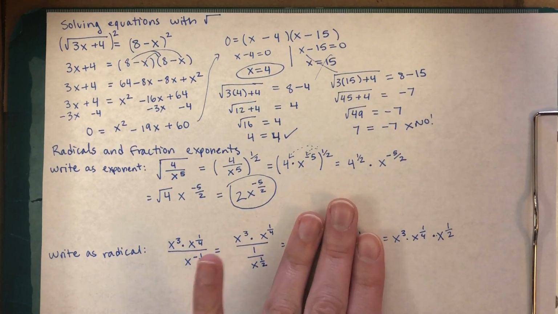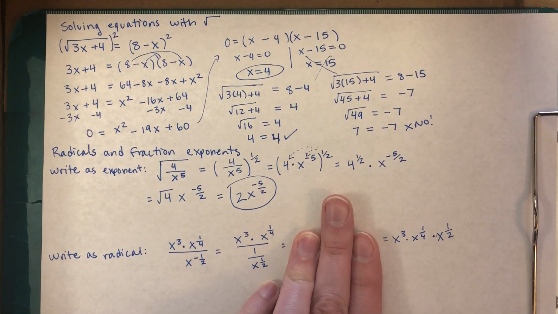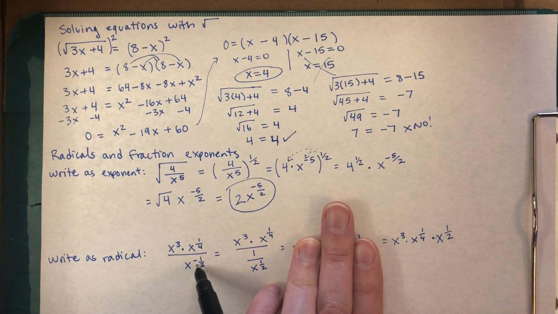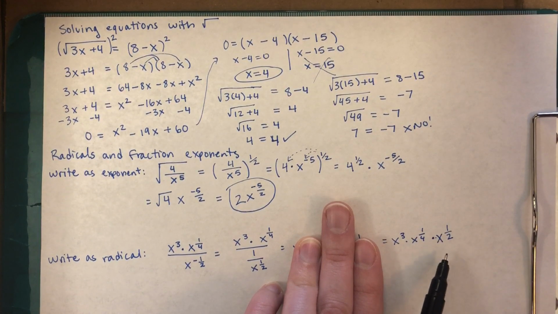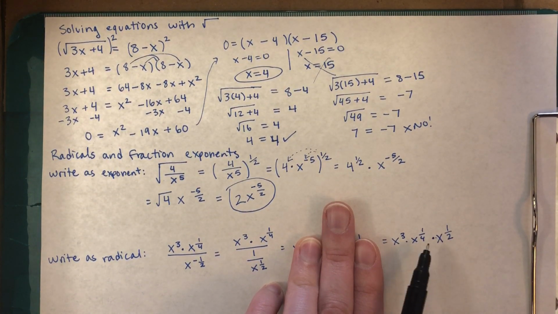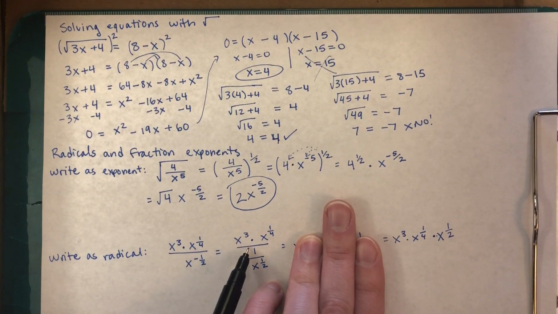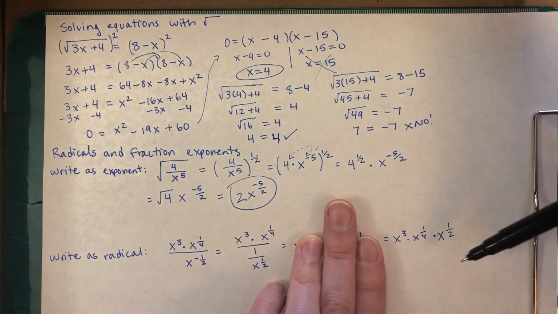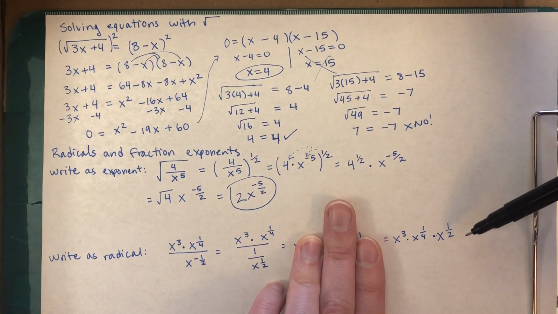You don't really need to write this middle step, but if it helps you to see it, I wrote it. So x to the negative 1/2, negative on the bottom turns into just regular, multiplied with a positive exponent. Because the negative flips it, and then we use the keep, change, flip rule to flip it again. So a negative exponent on the bottom just turns into a regular multiplying positive exponent.